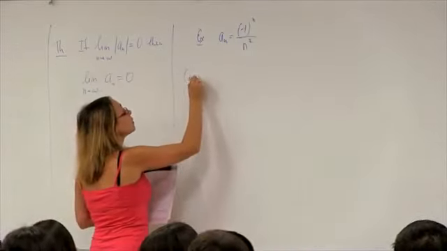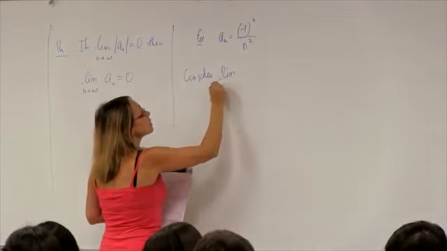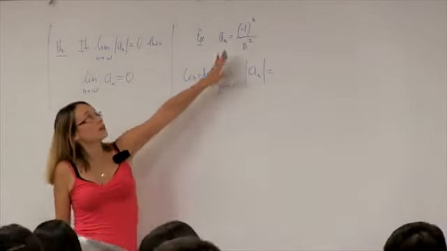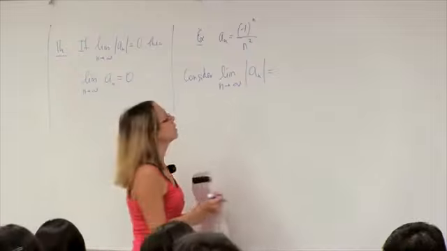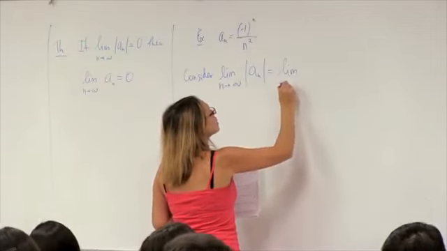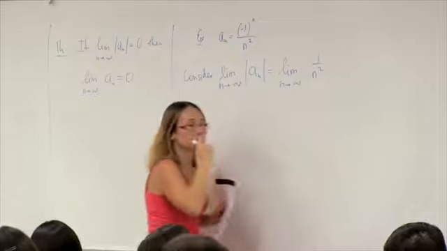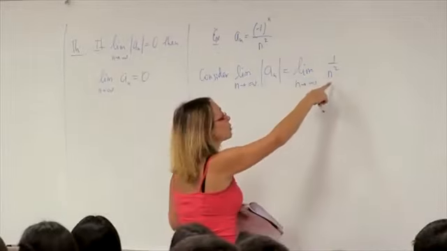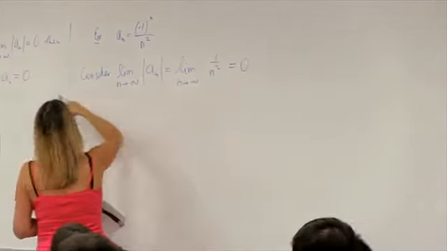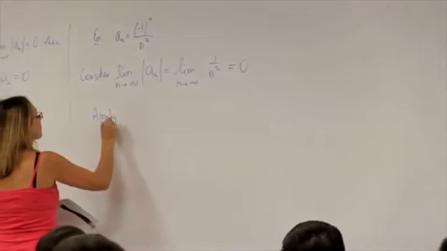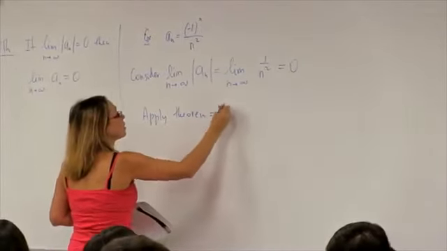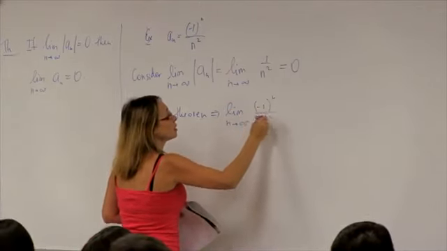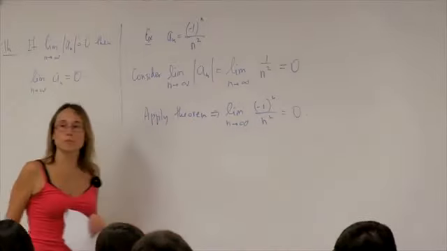So consider the limit as n goes to infinity of the absolute values. This way I can ignore the (-1)^n. So this is the limit of simply 1 over n squared. This is easy, right? As n goes to infinity, 1 over n squared goes to 0. And then I apply the theorem, and I conclude that the limit of the actual sequence is also 0. Questions?